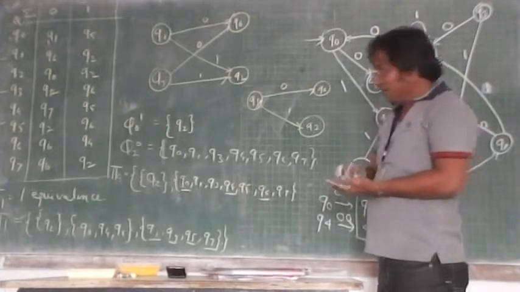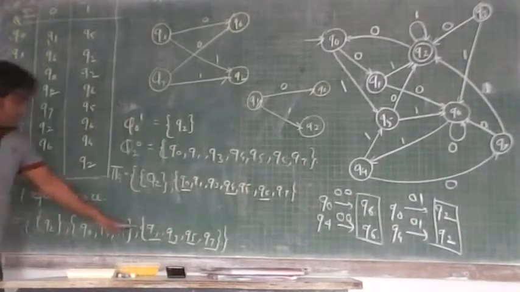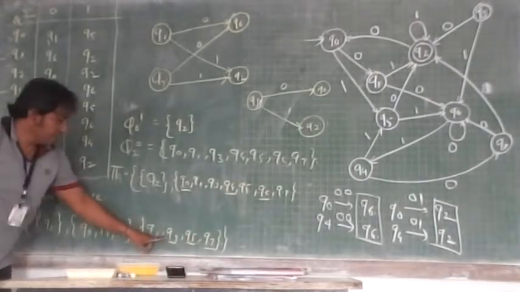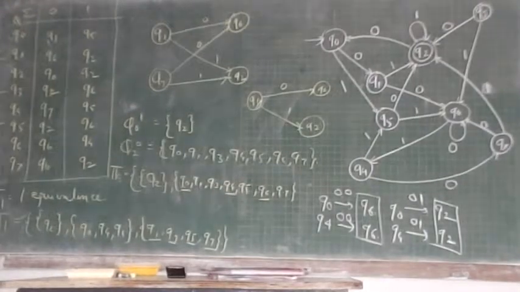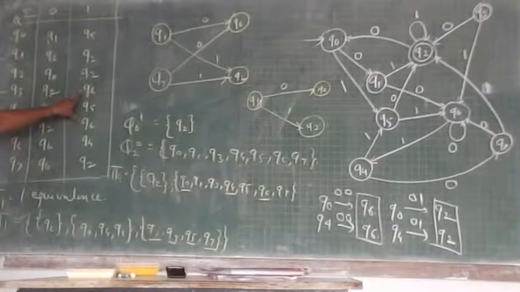Okay. So that is why here I consider Q1 and Q7 again one equivalent, and in the similar way Q3 and Q5 are one equivalent. How Q3 and Q5? When it is 0 I am going to a final state, and when it is 1 I am going to non-final state.